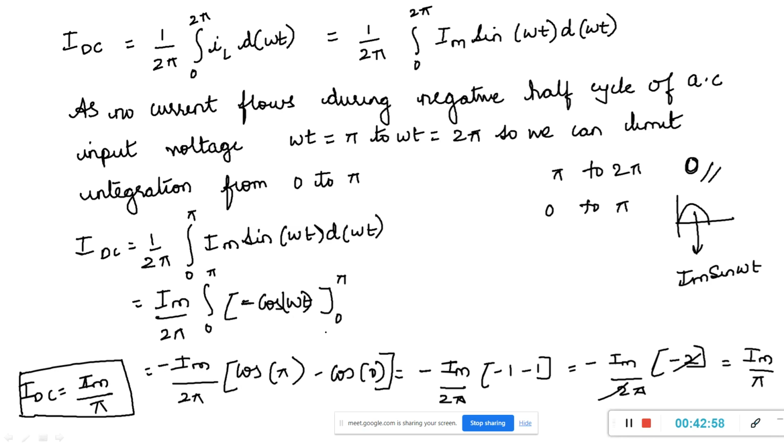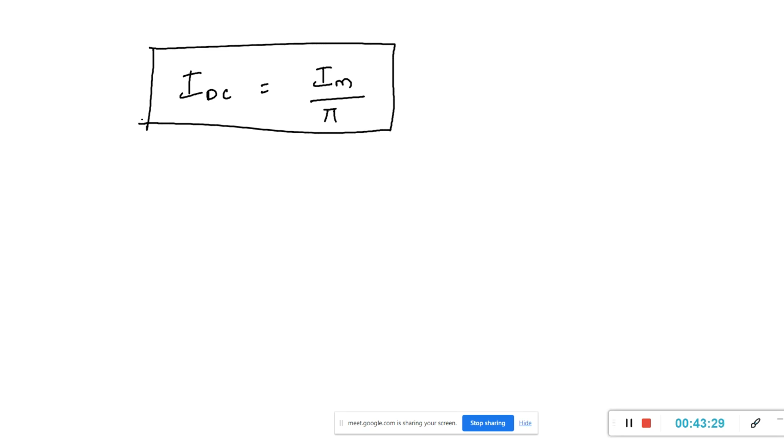Putting the limits, cos of pi is minus 1, cos of 0 is 1, so minus 1 minus 1 is minus 2. So the 2 will get cancelled, and we get Im by pi. So average DC current IDC is equal to Im by pi. This is the answer.